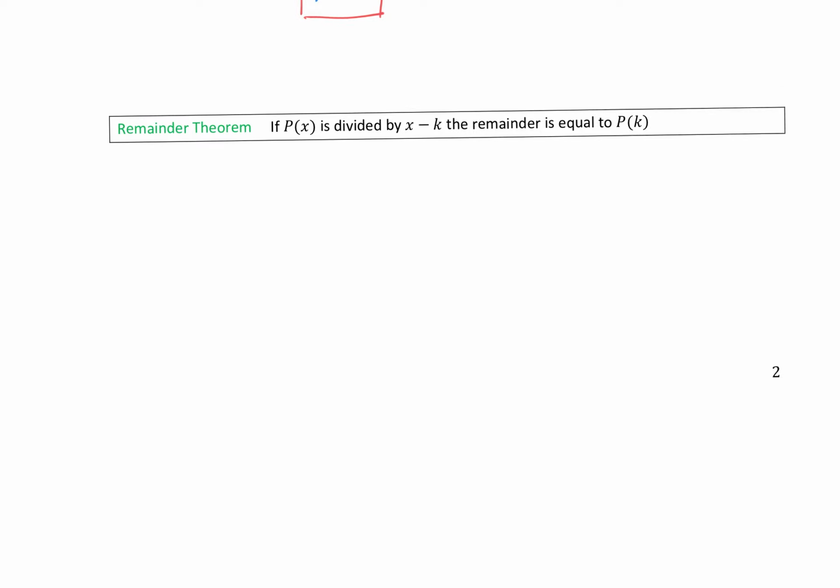The remainder theorem says that if you take a polynomial and you divide it by x minus k, then your remainder will be equal to p of k. So again, that's just words. What does that mean?